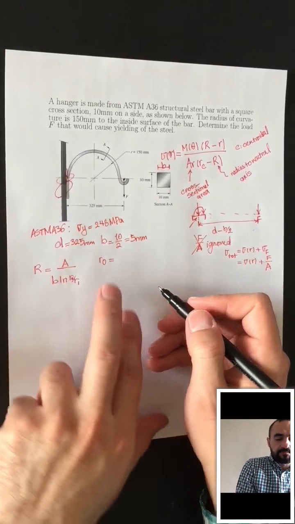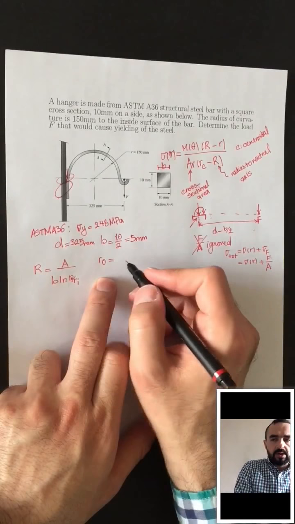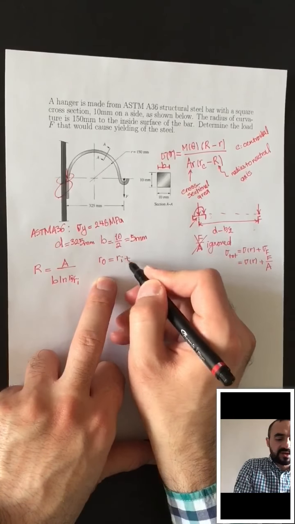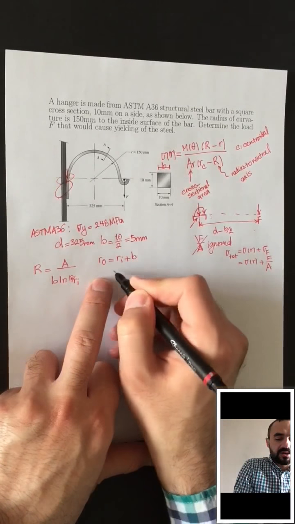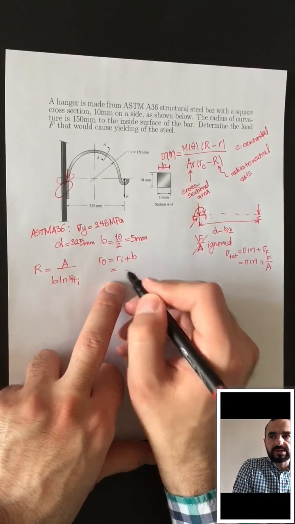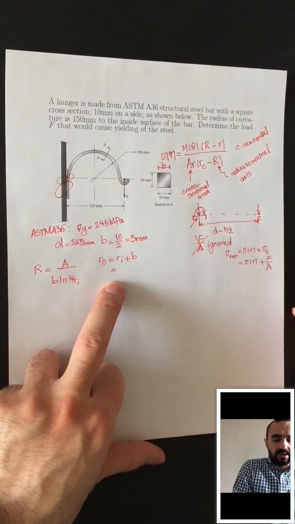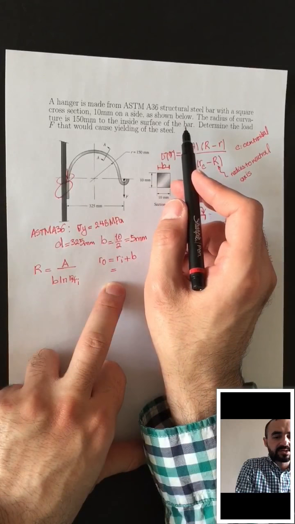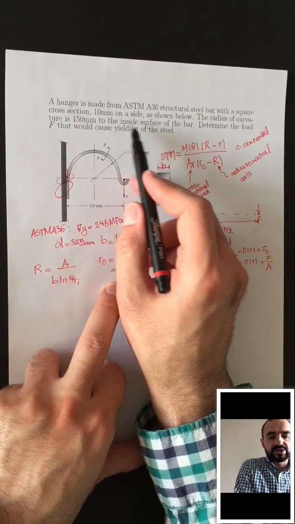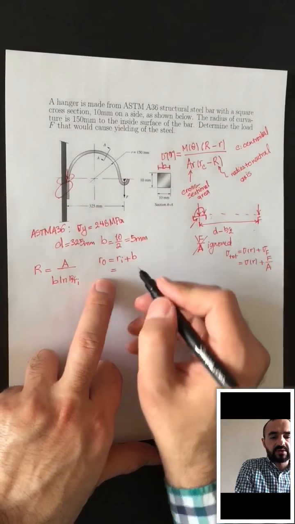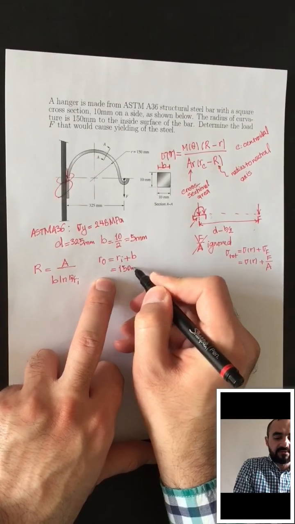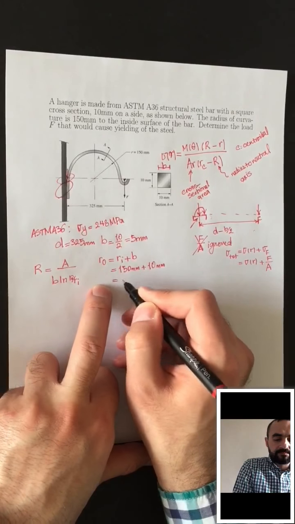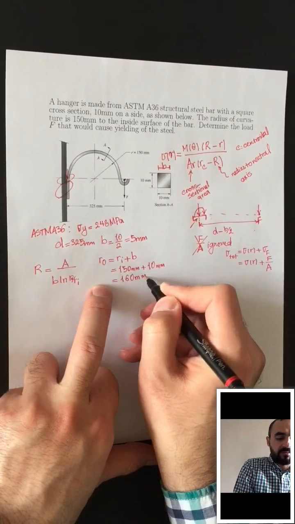RO is the outer radius, meaning that it's RI plus B. Our RI, the radius of curvature to the inside surface of the bar, was 150. So our RI was 150 plus 10. So our RO is 160.